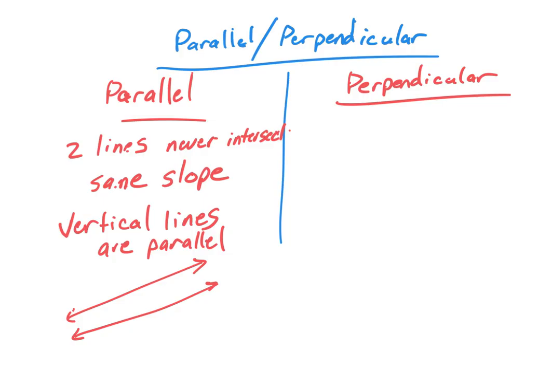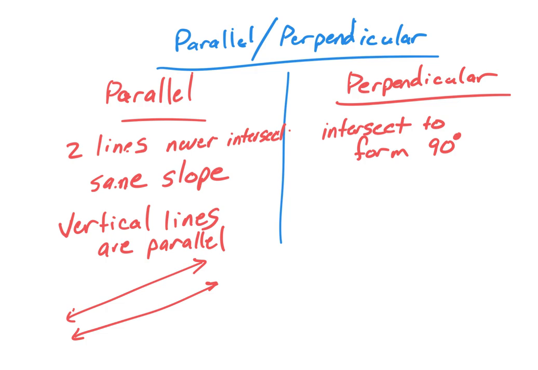If two lines are perpendicular, anybody remember what it means to be perpendicular? They intersect and make a 90-degree angle. Yeah, okay, that's good. Intersect. And when they intersect, they do form a 90-degree angle, okay?